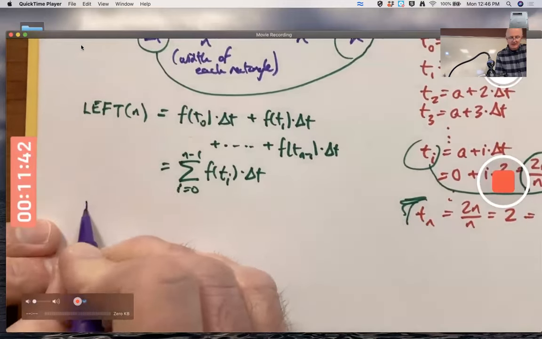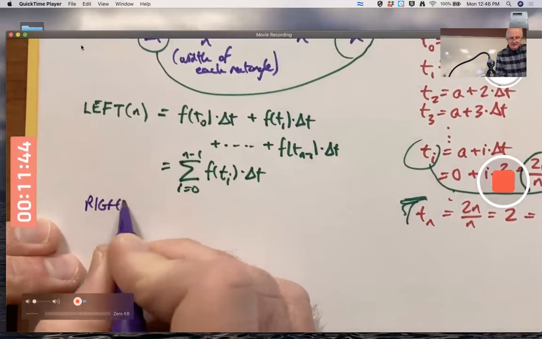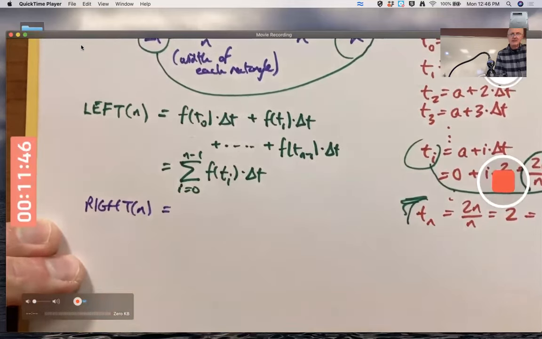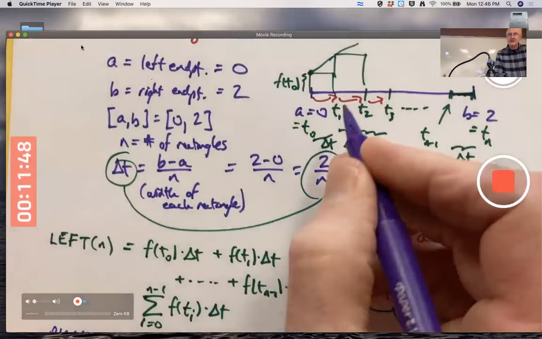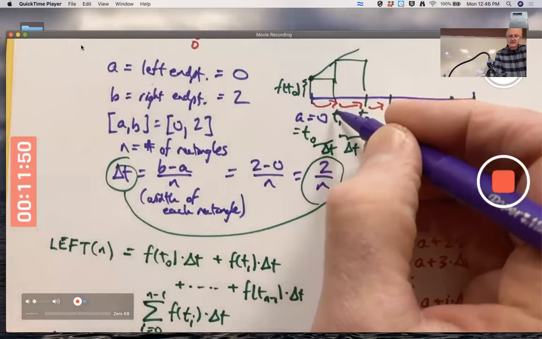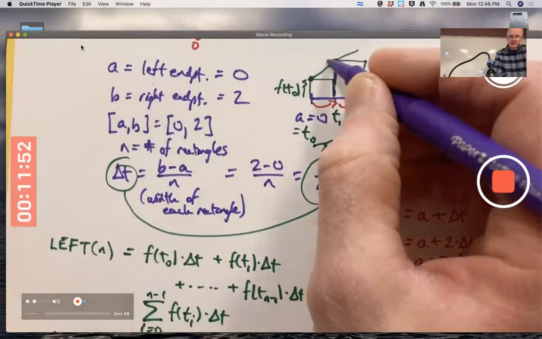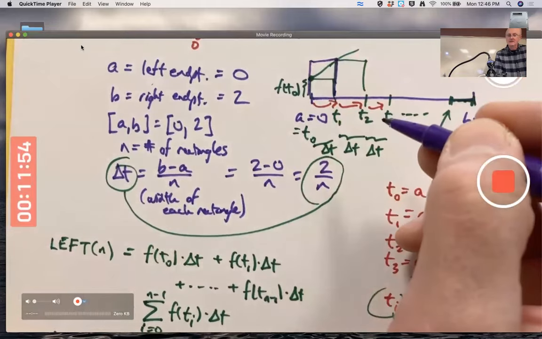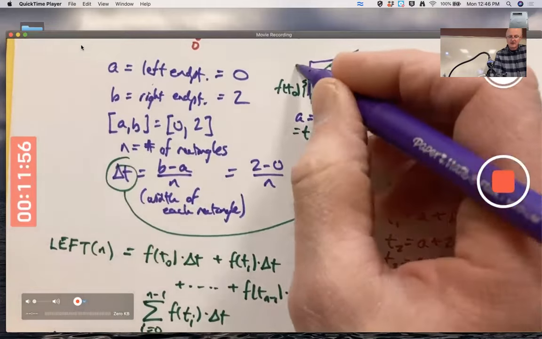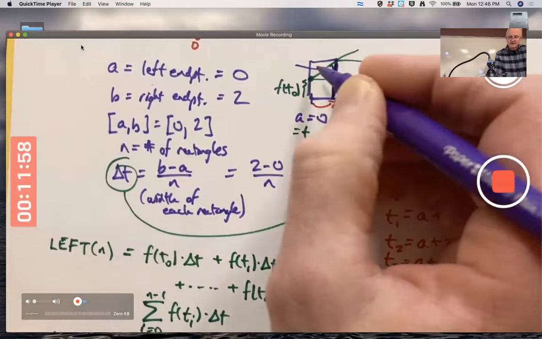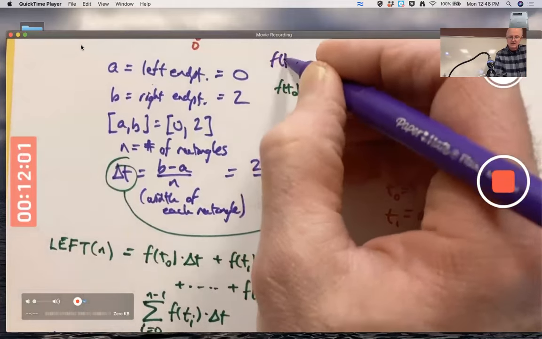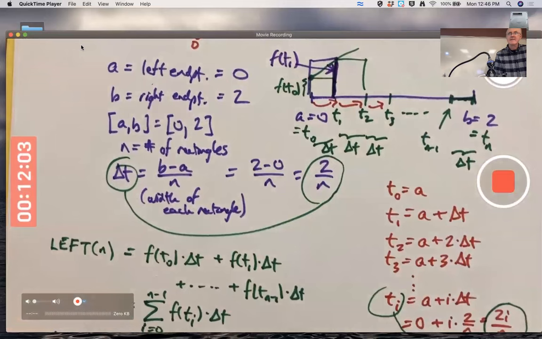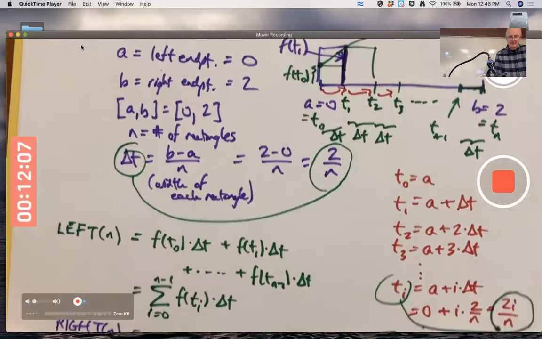With a right-hand sum, it's a very similar sum, except I'm using the right endpoints for the intervals. So for the first interval, I use t1 to determine the height of my approximating rectangle. That distance right there, from here to here, is going to be f of t1. For each interval, use the right endpoint to determine the height.